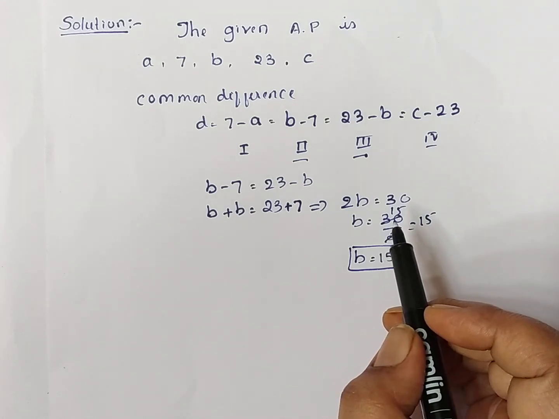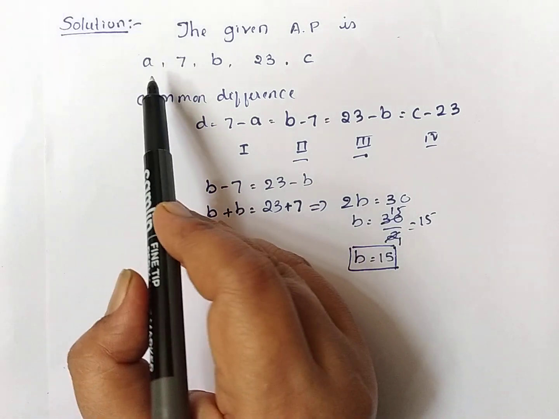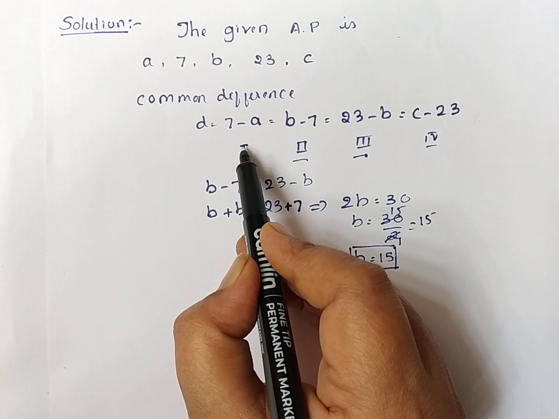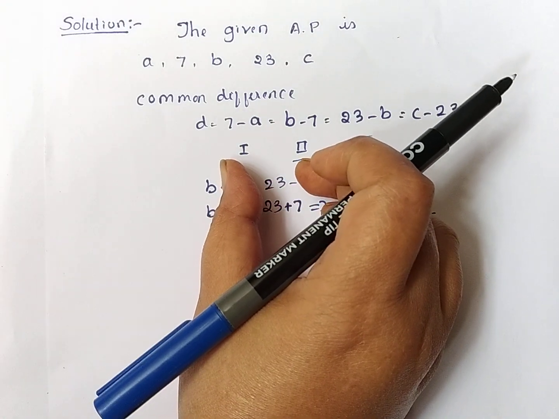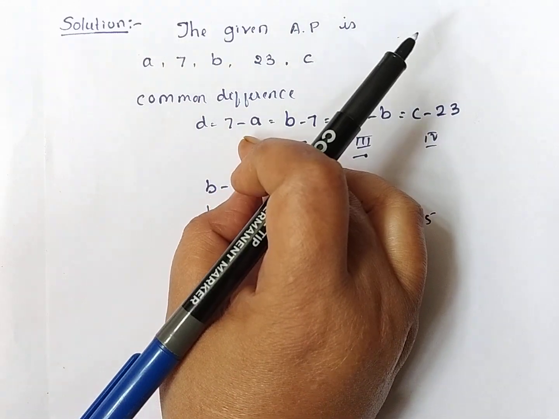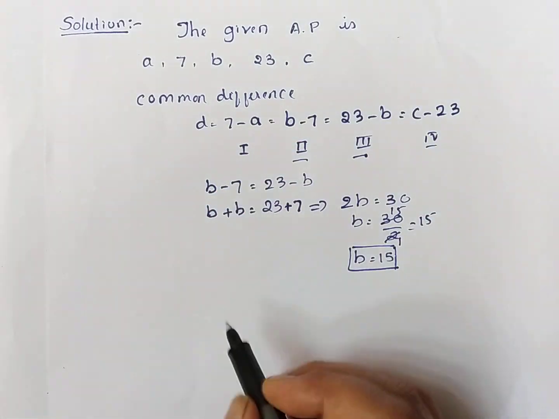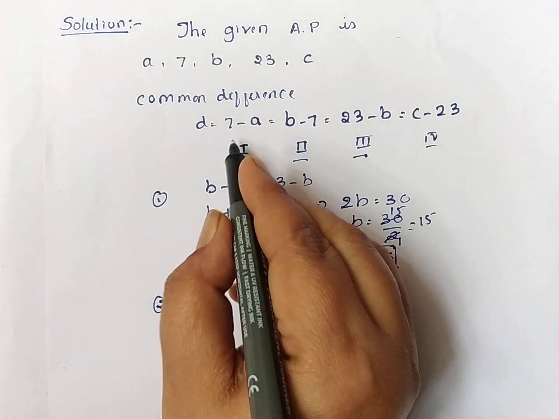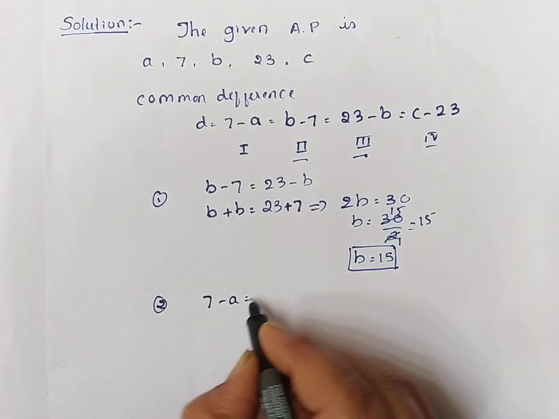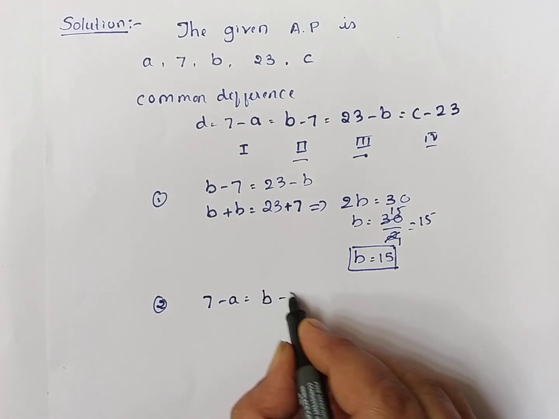Now coming to A. A is in the first common difference, and we know the B value. By equating the first and second, we will get the value of A. That is, 7 minus A equals B minus 7.